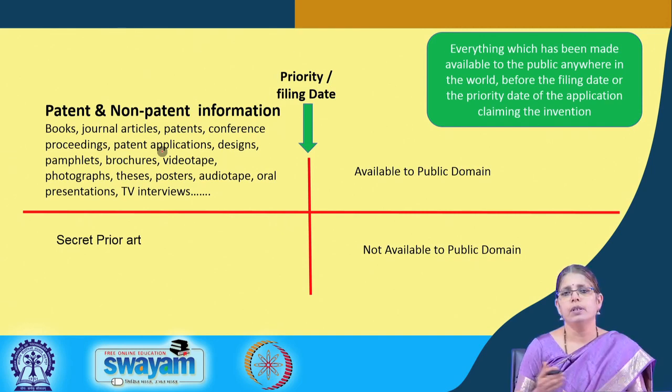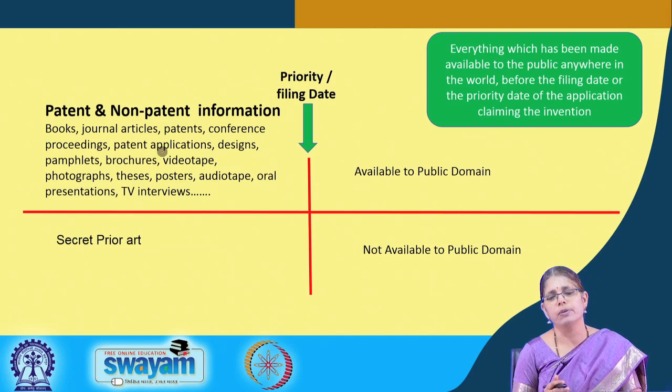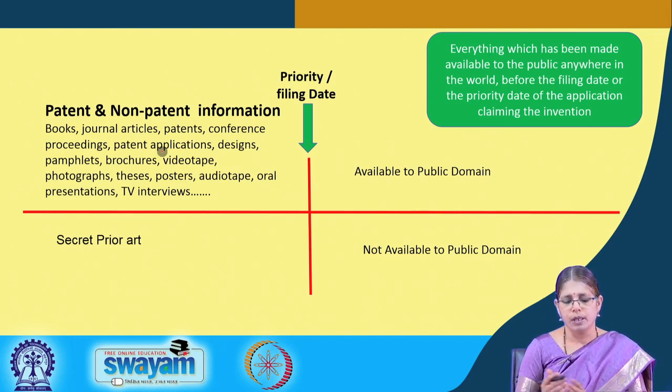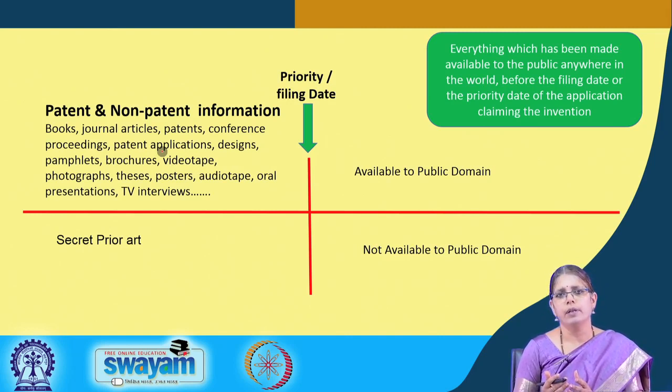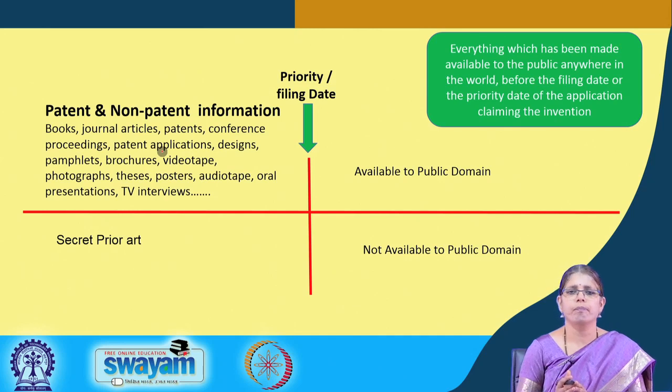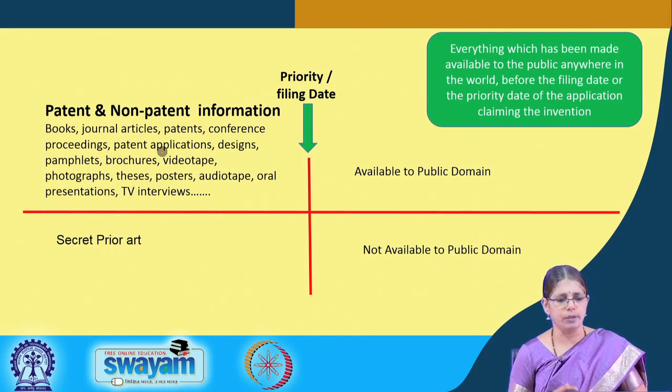So, therefore, it is often very difficult to get the full text information in relation to the invention. And so, therefore, a range of publications and the information present in the public domain is taken as the entire body of the prior art for the consideration for assessing the patentability criteria.